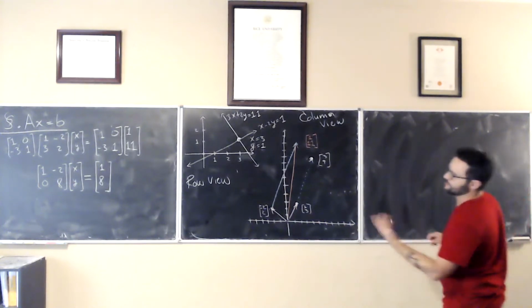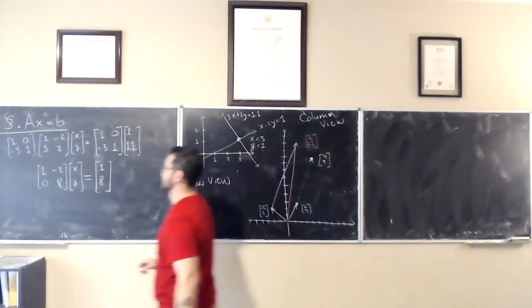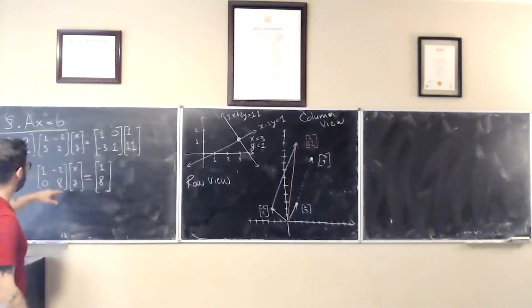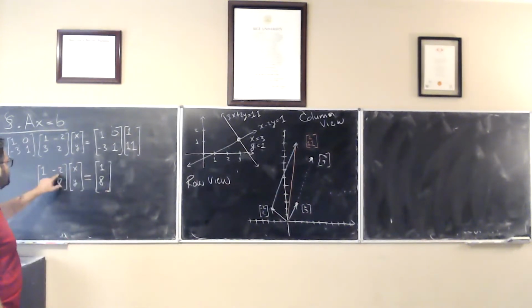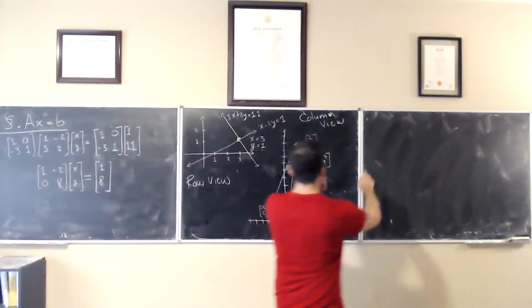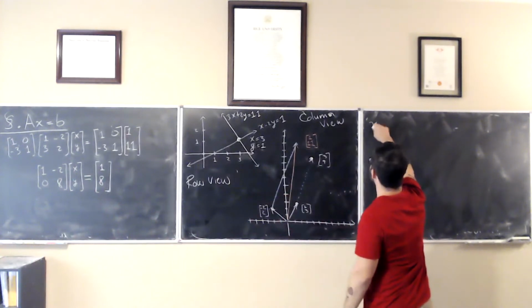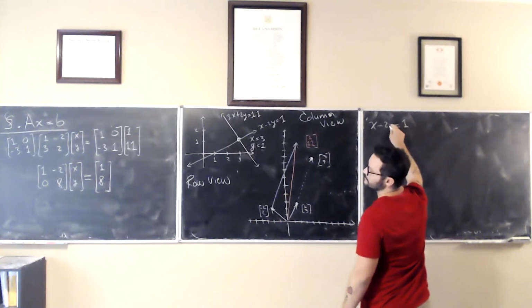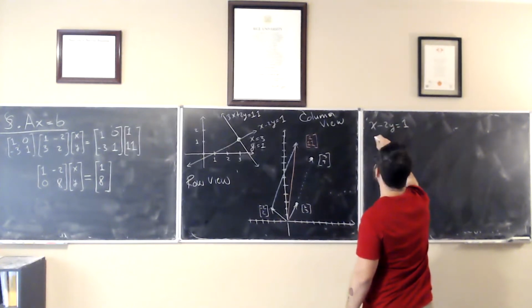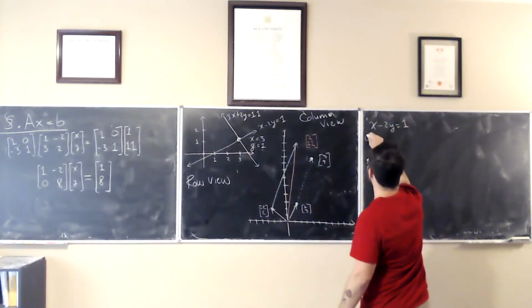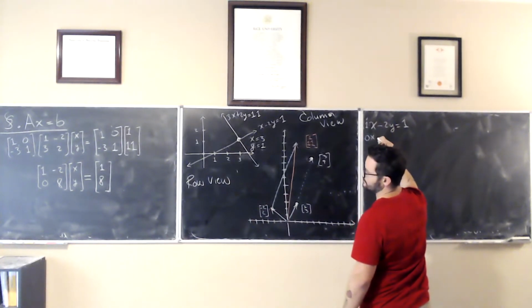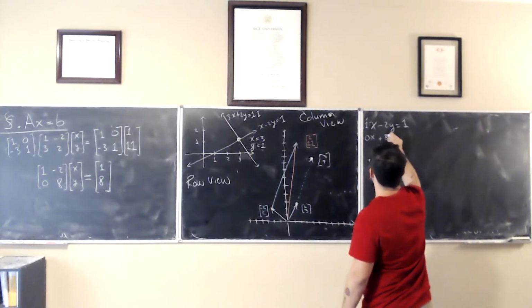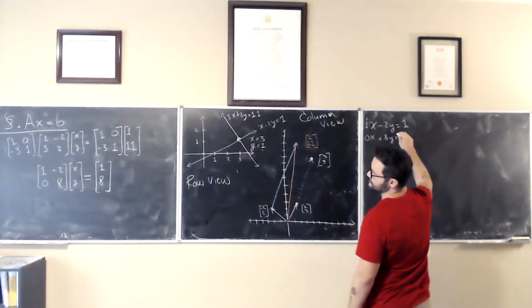So we have 2 different pictures now. What's the row picture? That times that plus that times that is equal to 1. So the row picture is x minus 2y is equal to 1, and 0 times x plus 8y is equal to 8.